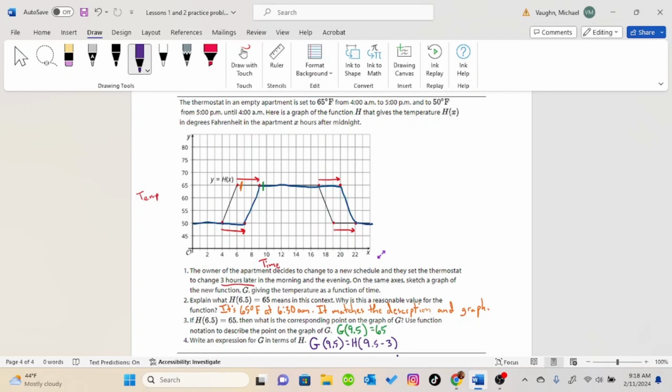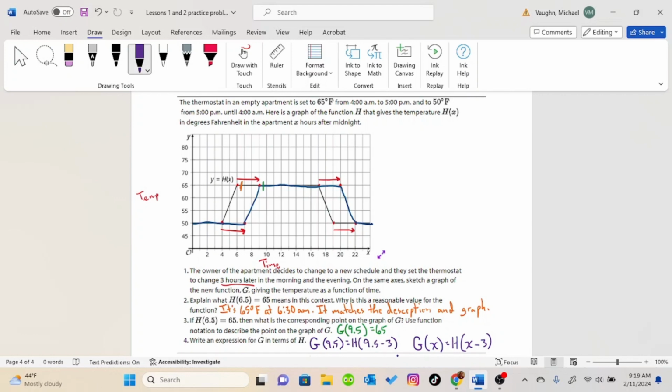So if we wrote this as a generic form, we would write g of x equals h of x minus 3. Because if we make x 9.5 in the example shown, then h was 9.5 minus 3, which was 6.5.